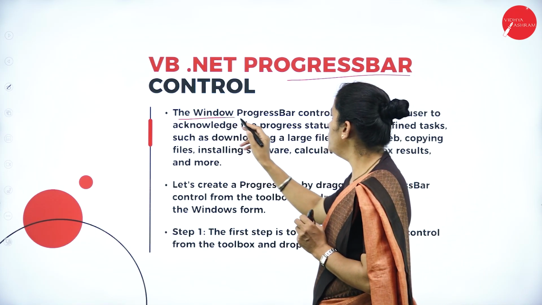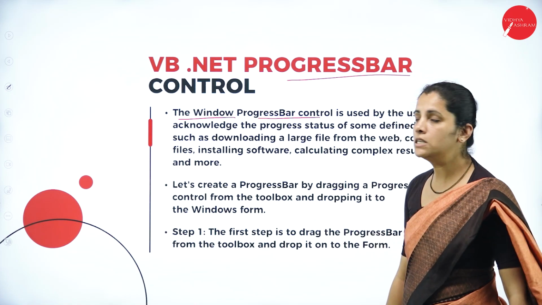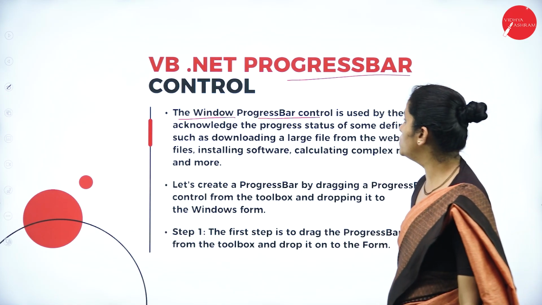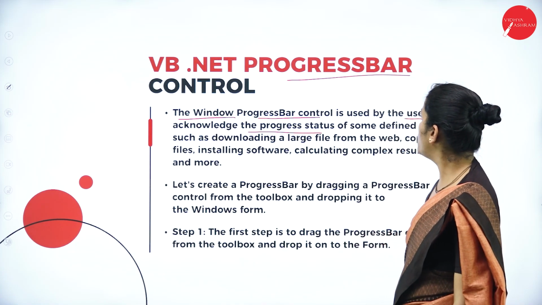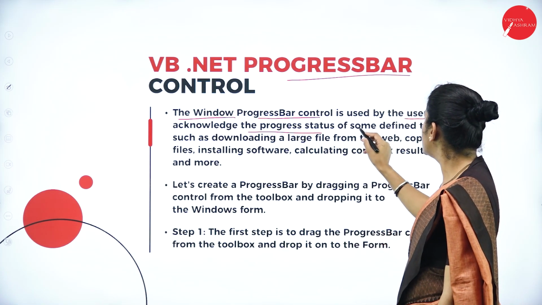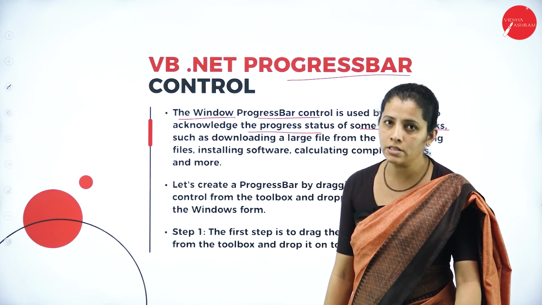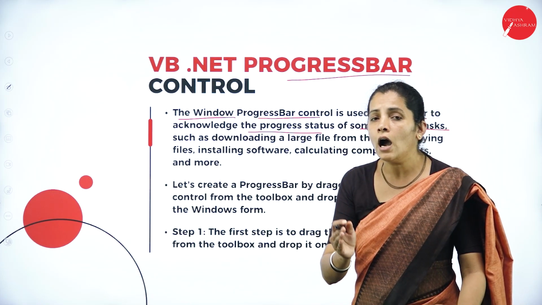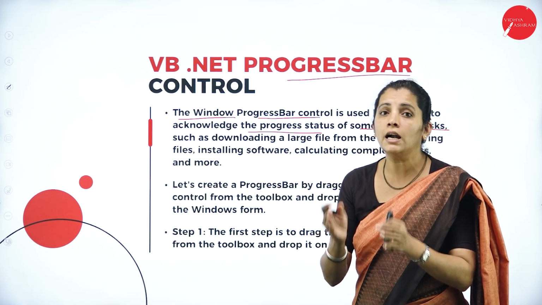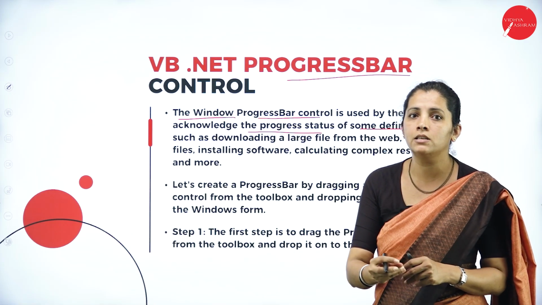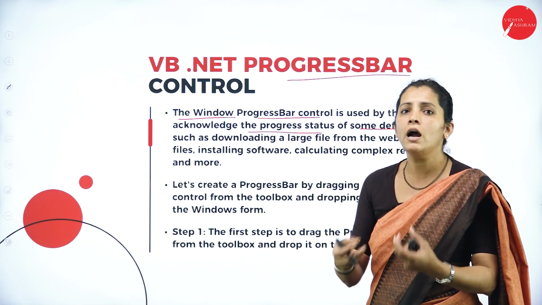So the Windows progress bar control is used by the user to acknowledge the progress status of some defined task. Think that you're going to have some task. Now you want to tell how much percentage of the task is completed. For example, 10%, 20%, or 80% or 100%.